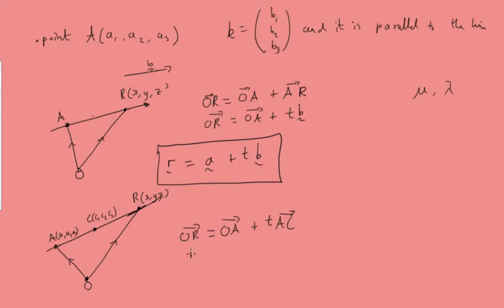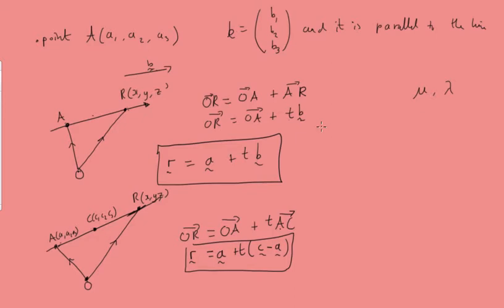So our general version of this is r equals A plus t, and vector AC is C minus A. This would be the general version of this.